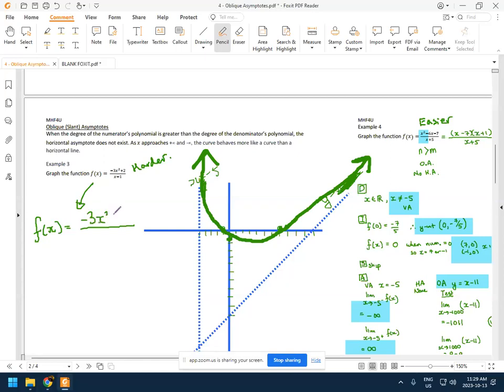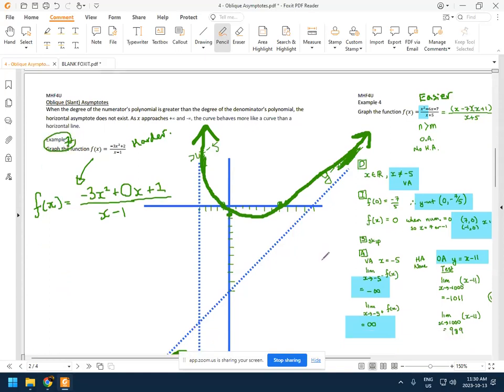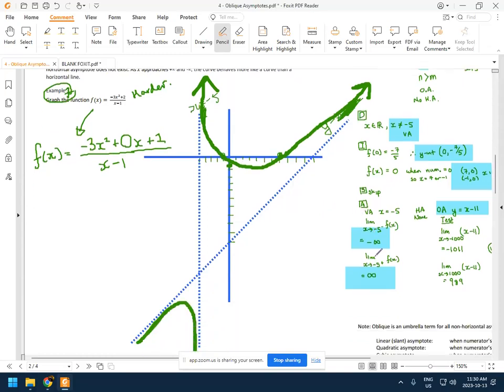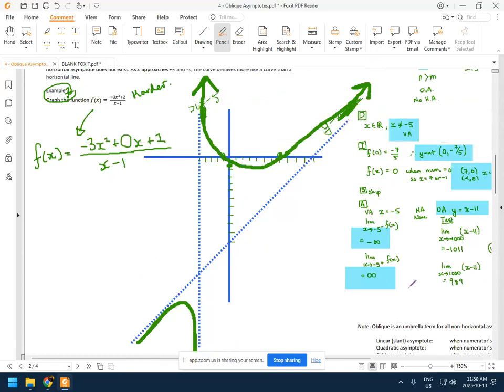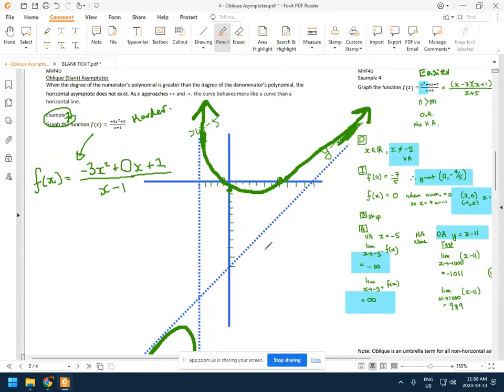So if you're doing a division, please remember to stay true to your divisions. There is a 0x there, okay? Please try example 7, practice 1, and practice 5 before you attempt anything else for oblique.